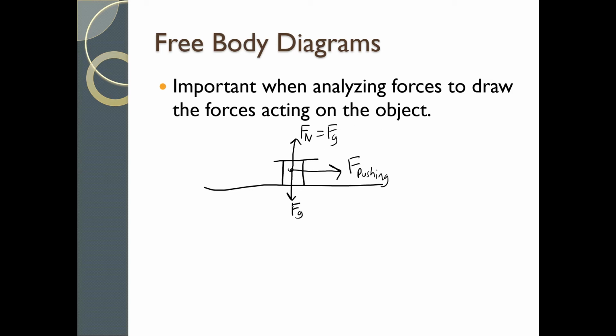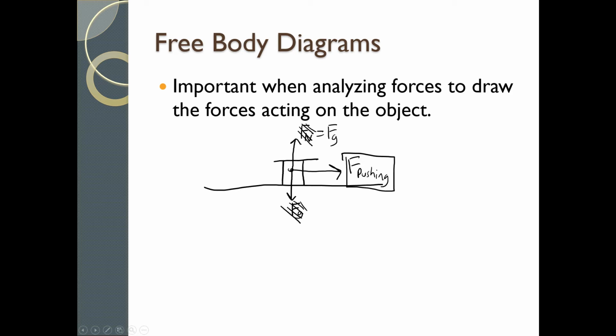Well, I already know that the force of gravity and the normal force counteract each other, so I can effectively ignore these forces. Those forces don't do anything because they balance each other out, they cancel each other out. So the only unbalancing force I have now is the pushing force.